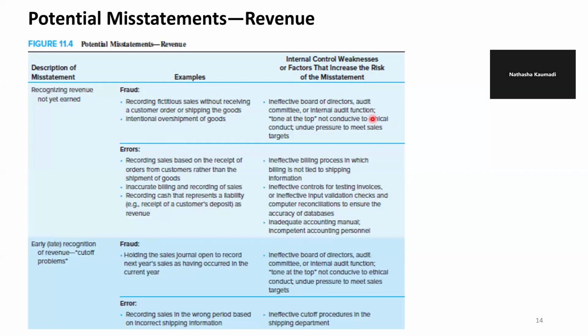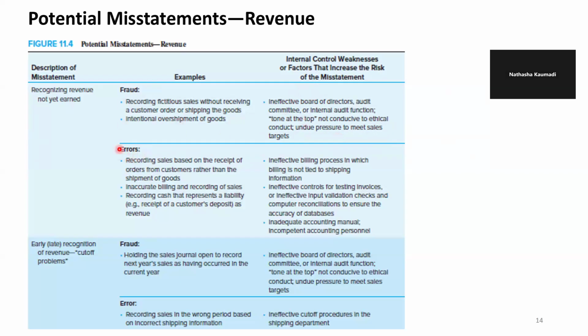Their top management is not supporting the internal controls. And then tone at the top not conducive to ethical conduct, undue pressure to meet sales targets. Likewise, there can be different reasons why these frauds can happen in an organization, right? As I told you, their bonuses are calculated maybe based on the sales targets achievements. So they are pressured to record fictitious sales transactions. So these are the reasons you can have.